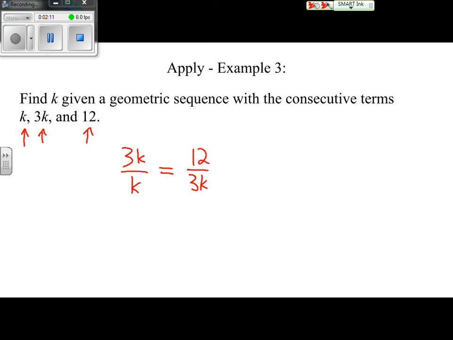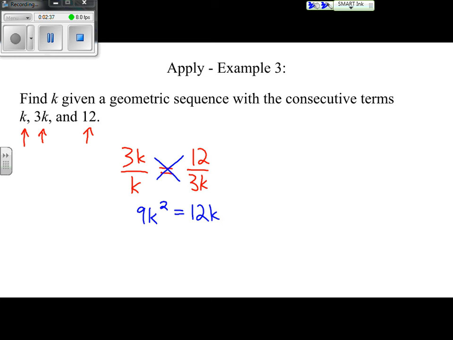Well, we have two fractions set equal to each other, and a very common way to do this is to cross multiply. So we can multiply straight across here, straight across there. And so I have 3k times 3k, which gives me 9k squared, because we have a k times a k, giving us k squared. The 3 times the 3 became the 9. 12 times k gives us 12k.